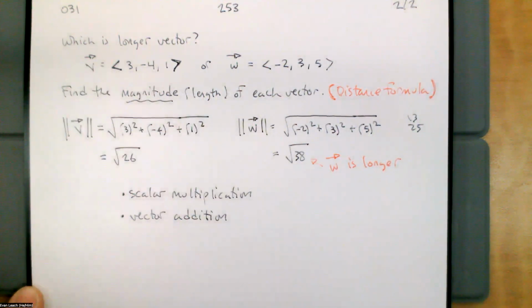These operations work just how you think they work. I could give you a quiz on this right now, except there's no time. I could give you a quiz on vector addition and scalar multiplication and just have you guess how they should work, and that's exactly how they will work.